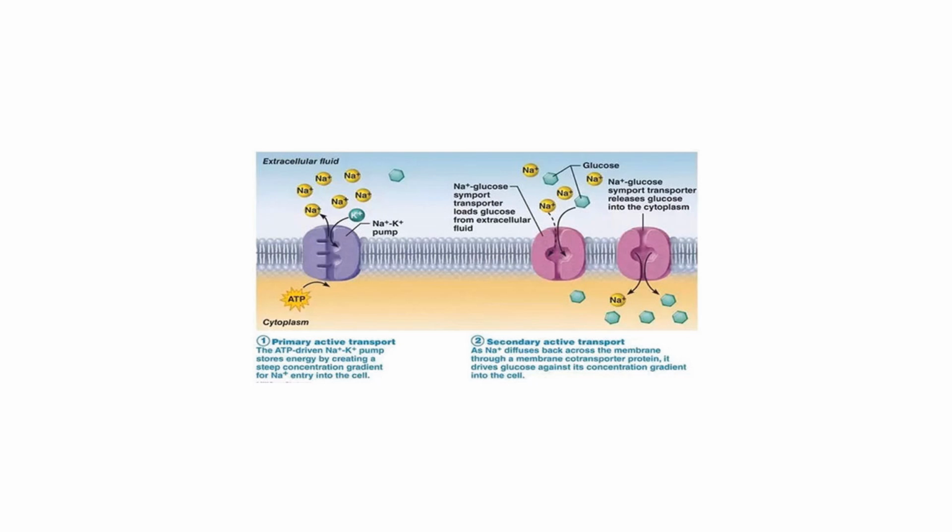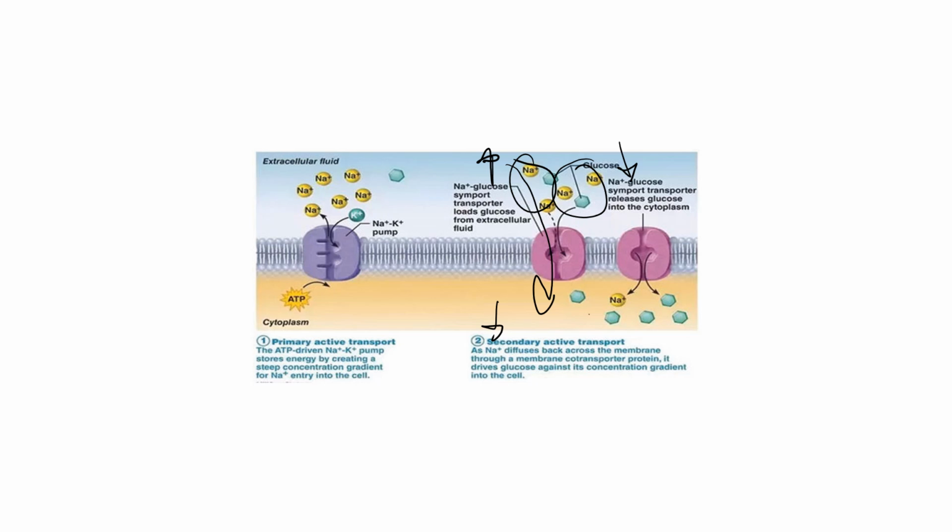Now, what you'll also find is what's called symport, and that's where they go in the same direction. Okay, this is the same thing. Over here is secondary active transport. Sodium, we know, is high on the outside, low on the inside, and it diffuses past this integral protein, and it actually provides this integral protein the energy that it needs to move a molecule, in this case glucose, from a low concentration outside of the cell.